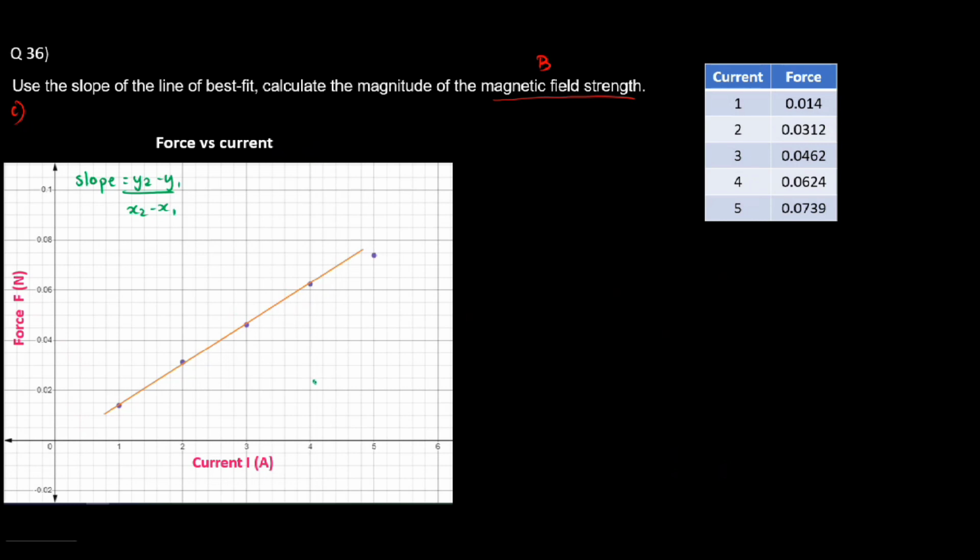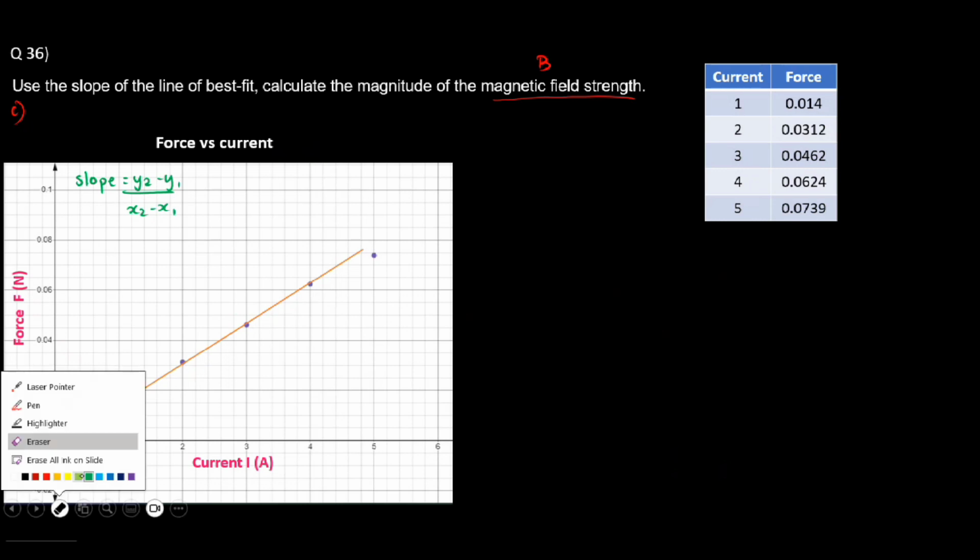Sometimes your line of best fit is not passing through any of the points, and when you are taking the slope, you must take the slope of the line, not from the points given in the table. Here, my line of best fit is passing through 2 points that I have in the table. So I will try to find the slope from these 2 points to get an accurate result.